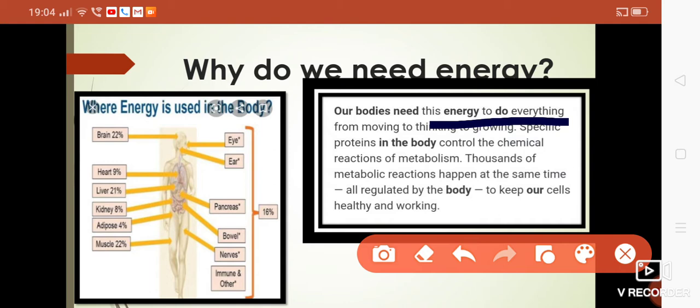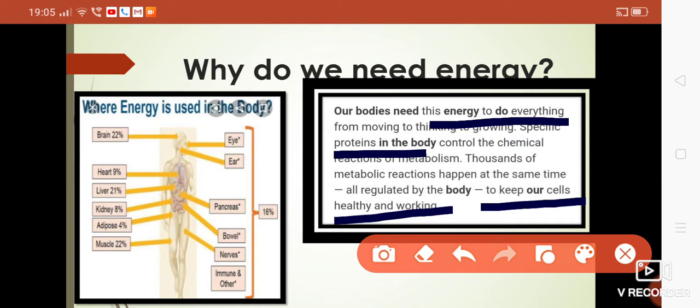There are specific proteins inside the body which control these reactions of metabolism. Thousands of metabolic reactions happen inside our body, and they keep our cells healthy and working. Now look at the picture where the energy is used inside the body.